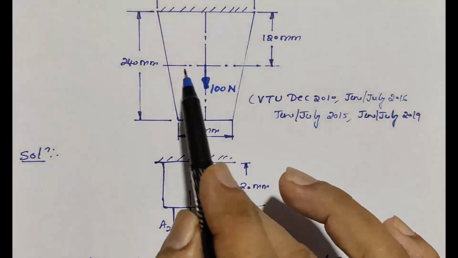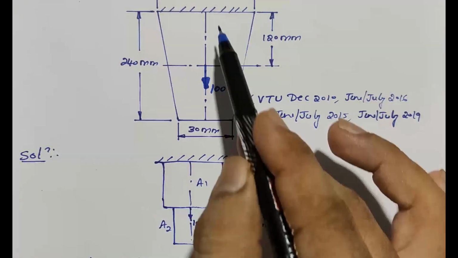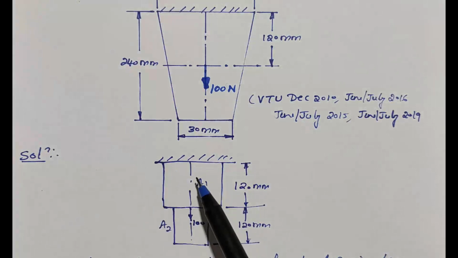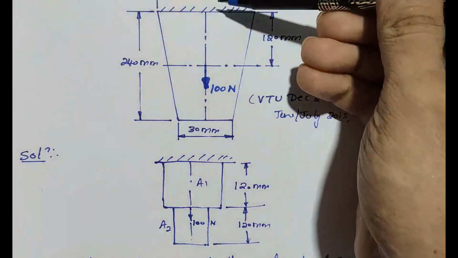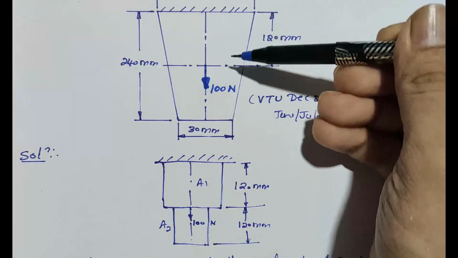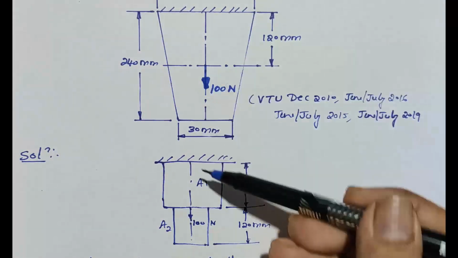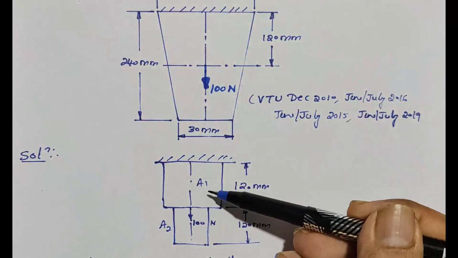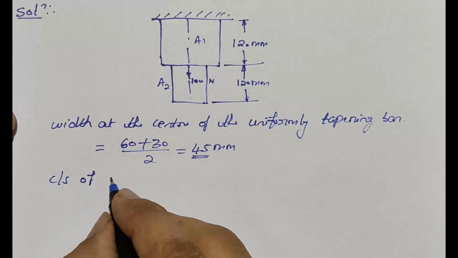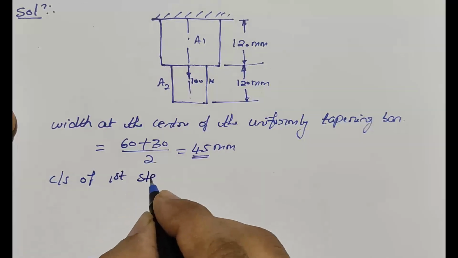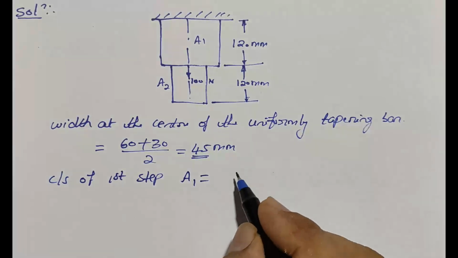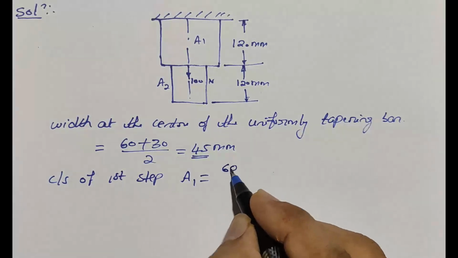Now see, we got the width at the center of this uniformly tapering bar. Now the area of first cross section will be the average area of these two. If we take average area of this end and at the center, we will get the cross section area of first section. So cross section of first step, A1 will be, the width at the larger end is 60 mm.